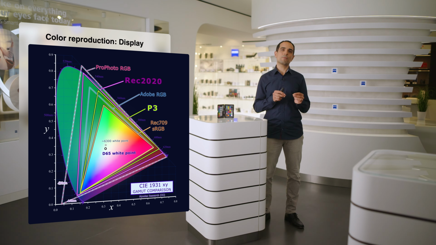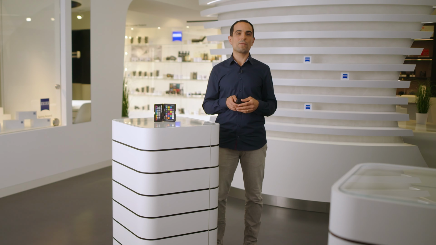And the triangles represent the colors that a display can reproduce. And you see that there is no display that can reproduce all colors that the eye can see, but some of them are quite close and can reproduce quite a lot of colors. And actually nowadays, newer generations of display technology will improve the color reproduction that's displayed on the screen.